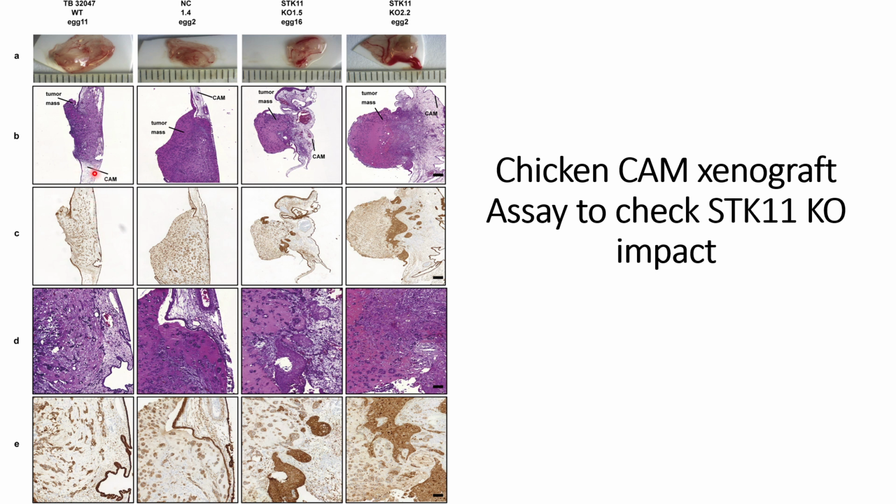So in the case of this TB32047 wild type and another control, NC1.4, they do not see too much infiltration of the cytokeratin dye, or the cancerous epithelial cells have not spread too much. However, when they look at the STK11 knockout samples, they can see that in both cases the presence of cancerous epithelial cells is higher compared to the control case.